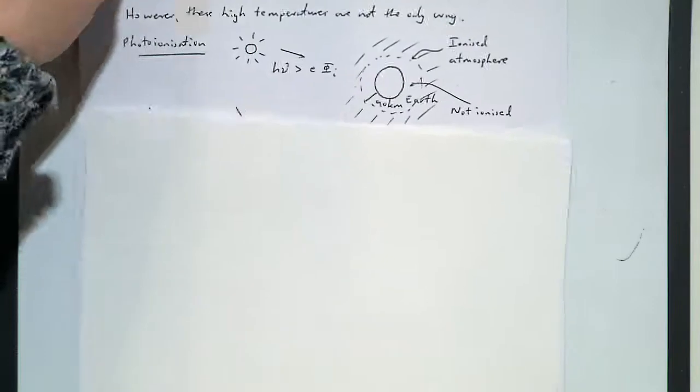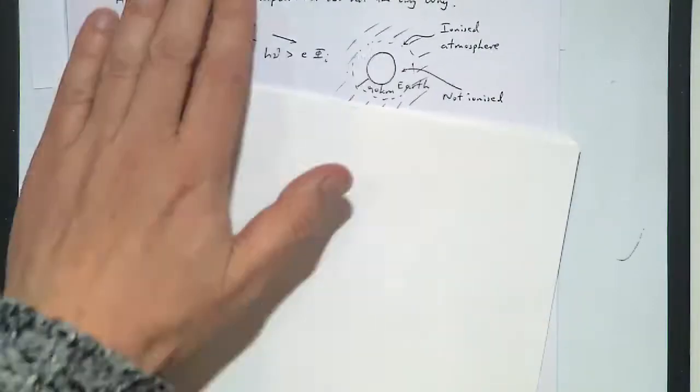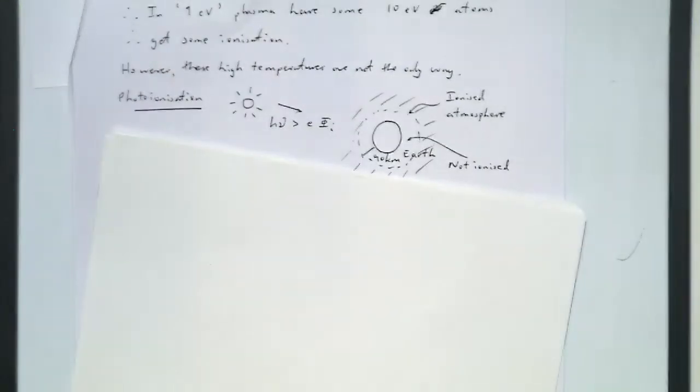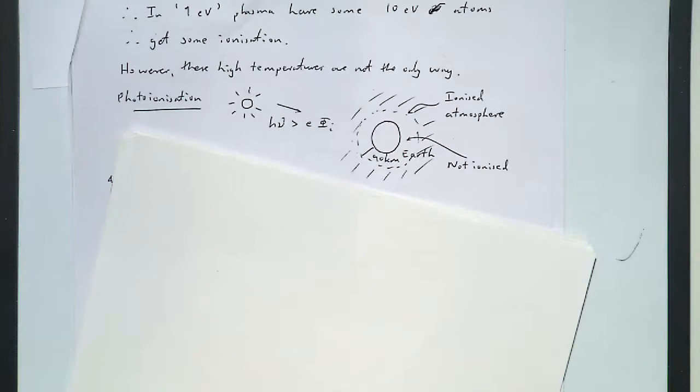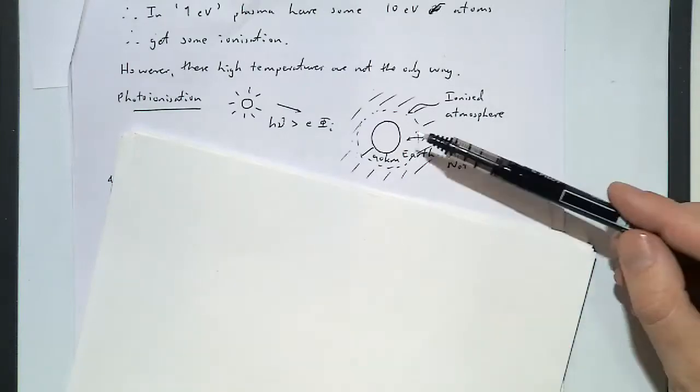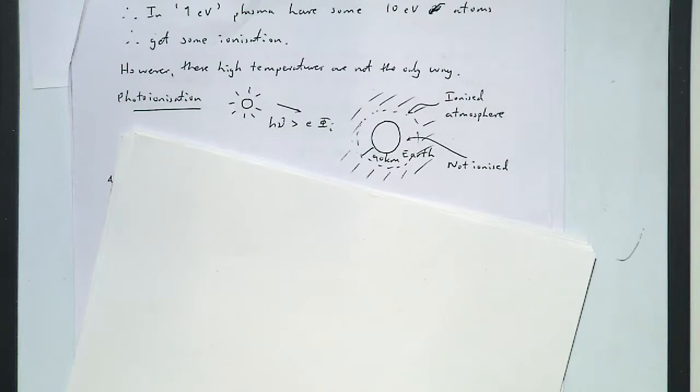So this is our situation. We have the sun shining down. You have an upper atmosphere which becomes ionized because of these photons falling upon it, and lower down it is not ionized. So you imagine that there are two things going on. You may have a varying density of the atoms in the upper atmosphere, and you may also have a varying amount of ionization.